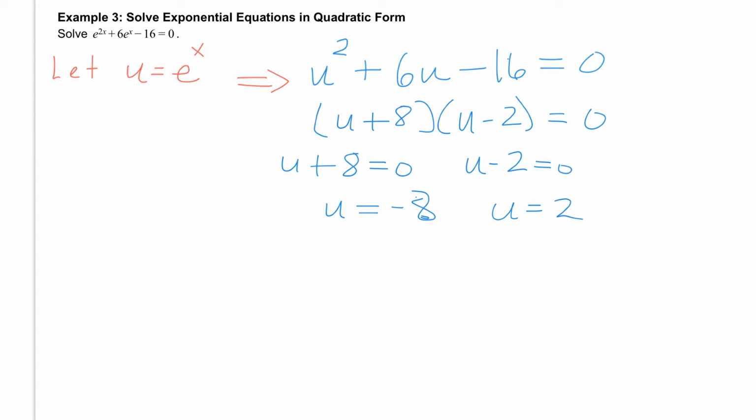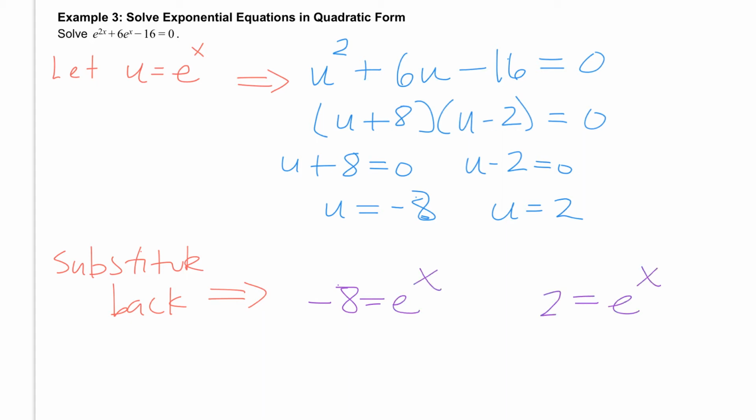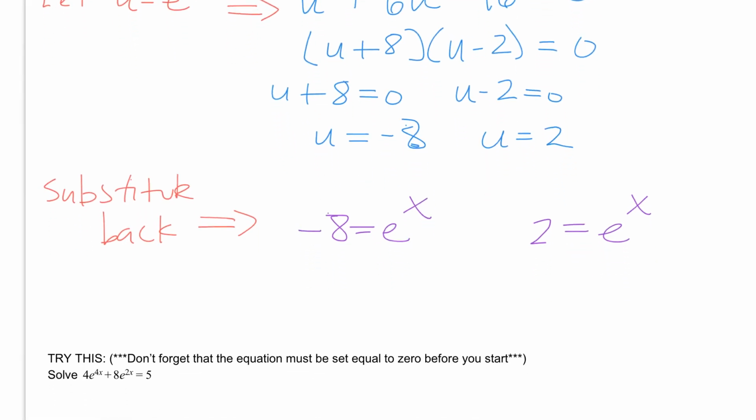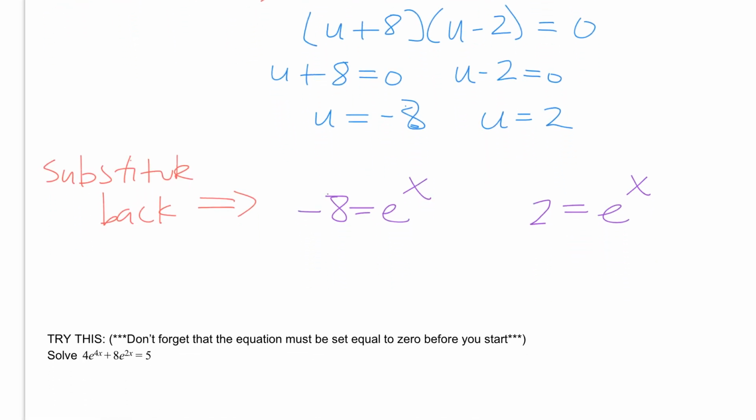Then I want to substitute back to the beginning. When I say substitute back, I'm coming back to here: u is equal to e to the x. And if I know two answers for u, I'm going to put those back in. So I get negative 8 equal to e to the x, and I also get 2 is equal to e to the x. Now I can take the natural log of both sides.